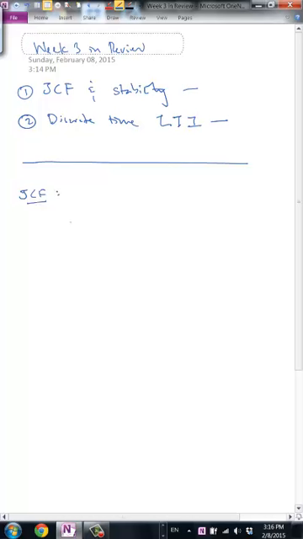So the basic result here is that for any n by n matrix A, no assumptions on the matrix, there exists an invertible matrix T such that TAT inverse is a matrix in Jordan form.